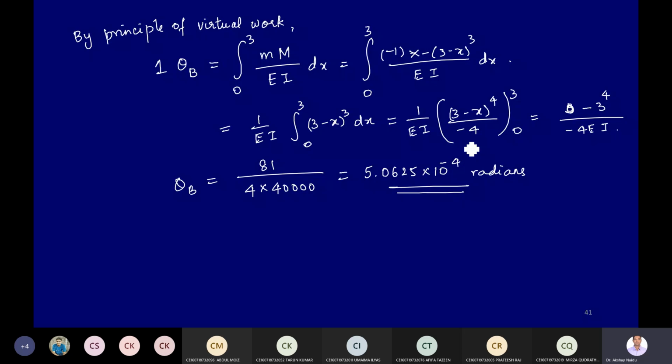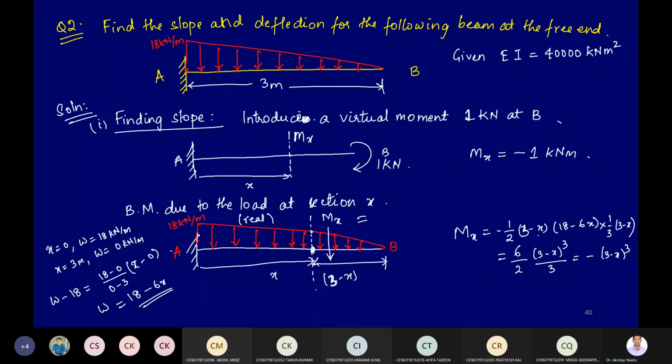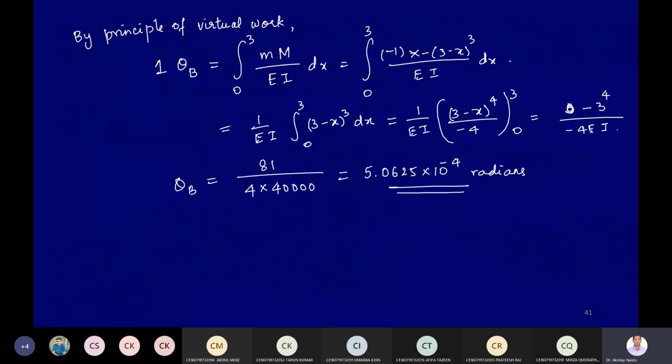Now finding deflections. This part remains the same. Only this part becomes different for deflection.